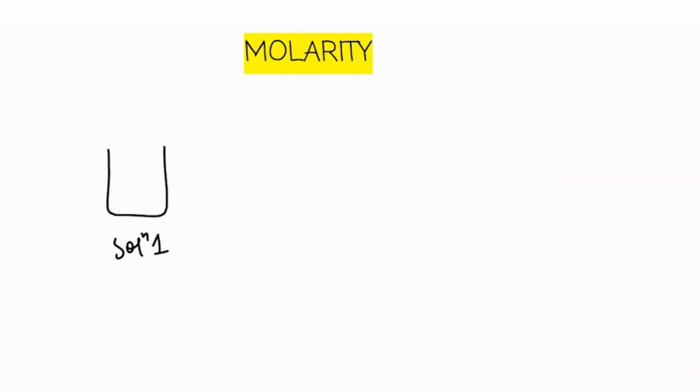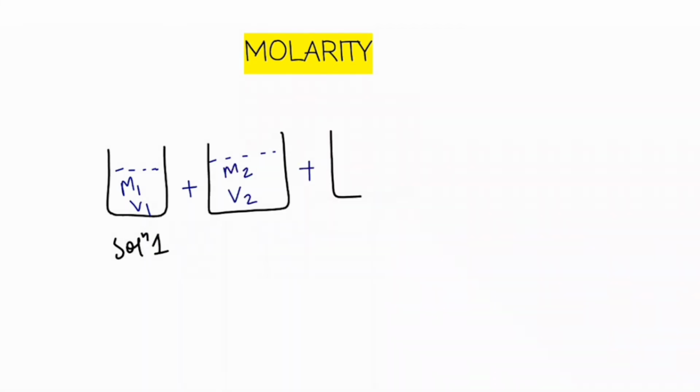Suppose this is our solution 1, and the molarity of solution 1 is M1 and volume is V1. Similarly, we have solution 2, molarity M2, volume V2. The next solution is solution 3, molarity M3, volume V3, and so on.